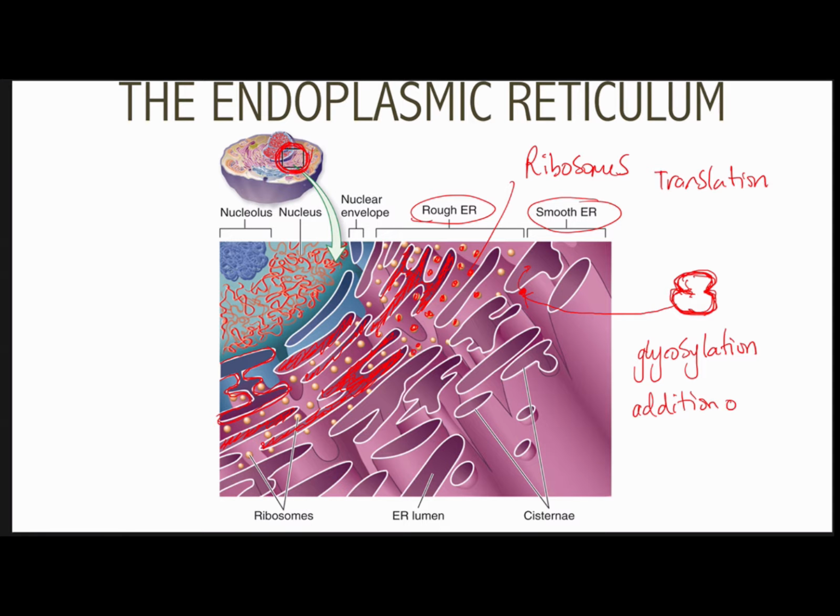the addition of sugars. So proteins which get translated on ribosomes at the rough endoplasmic reticulum, when they go into the lumen of the endoplasmic reticulum, have a whole range of different sugars, monosaccharides, disaccharides, added to certain amino acids in those proteins.